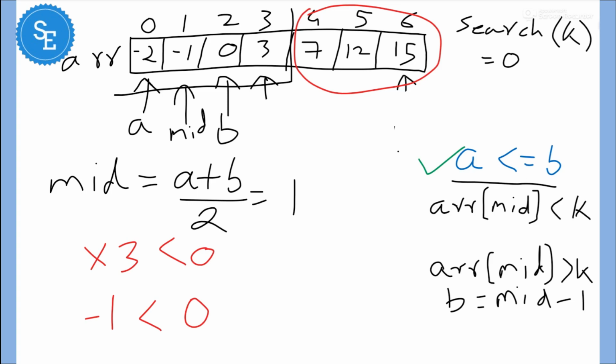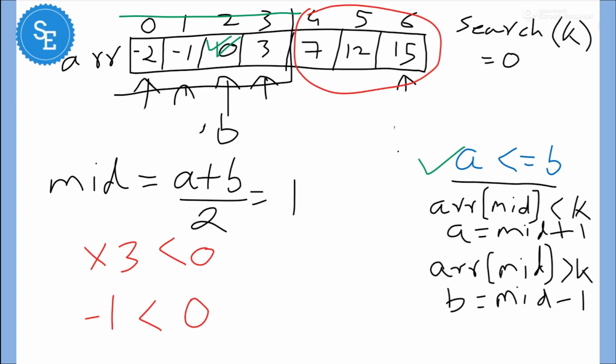Currently my array lies from here to here, and 0 is present in the second half of the array only. As a result, we need to change our a. We will change a to mid plus 1. So now our a is changed.